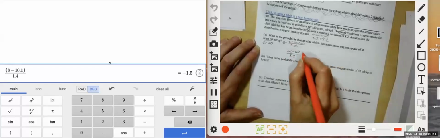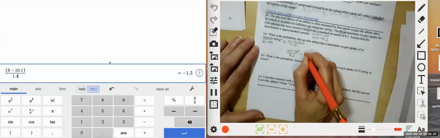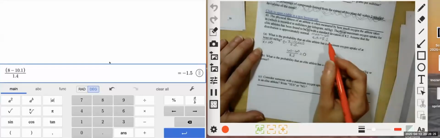Well, this one's interesting. 60 minus 60 is 0. 0 divided by anything is 0. Yeah, 0. Okay. It just seems weird to me.